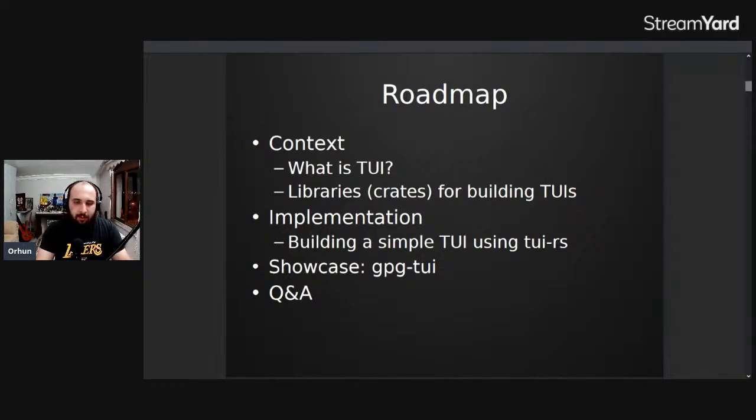They are also called crates, but you guys already know that. Then we will have a little demo-like implementation. We will build a simple TUI application in Rust using the tui-rs crate. Then I'll talk about my little open source project, which is a TUI. Then we will have the Q&A session.